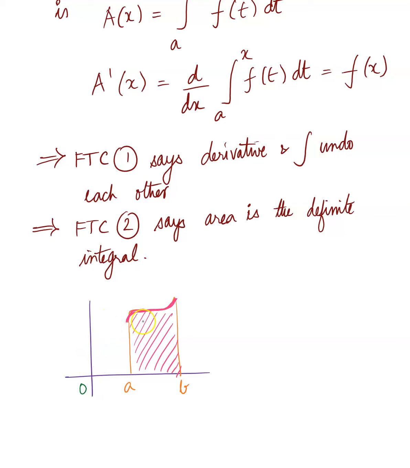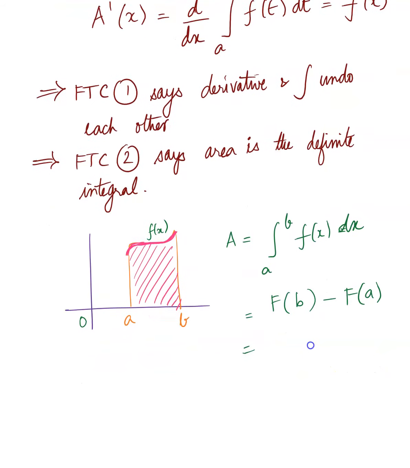That's a common reference. So area under the curve a to b f of x dx. This is f of x. So fundamental theorem of calculus 2 says this is the same as F of b minus F of a, isn't it?